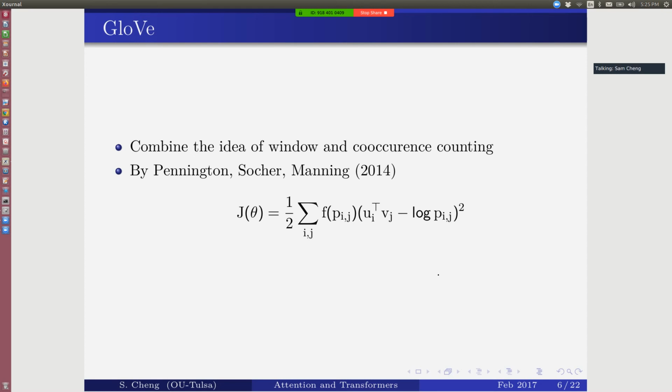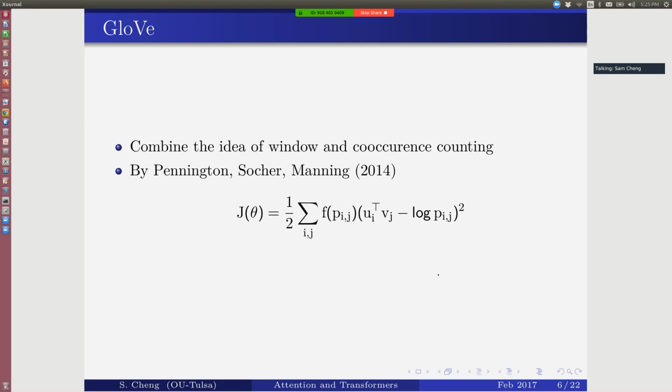Then it's not quite feasible. And for eigenvalue decomposition, each time you have new data, you need to redo the whole diagonalization.